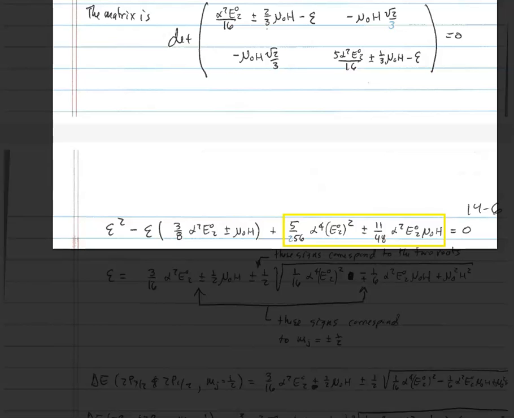But if you look at those, that's going to be minus mu 0 squared H squared times 2/9. So those guys actually cancel. The H squared terms cancel, and I'm left just with the linear term.